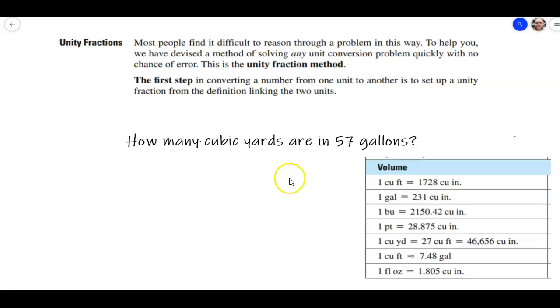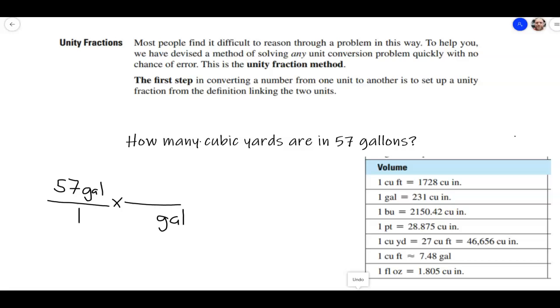We start with the known value, which is 57 gallons. So 57, and gallons is GAL, and again, I'm going to put that over 1. Now my first unit fraction, we want to get rid of the gallons, so it has to be gallons down here. So it'll cancel out.